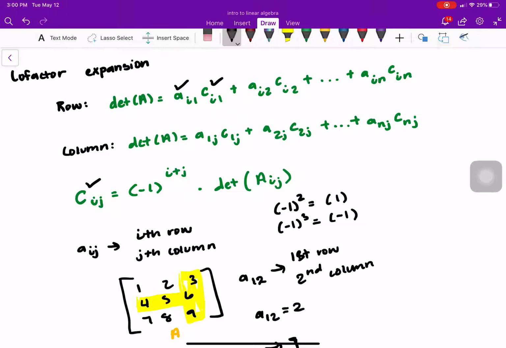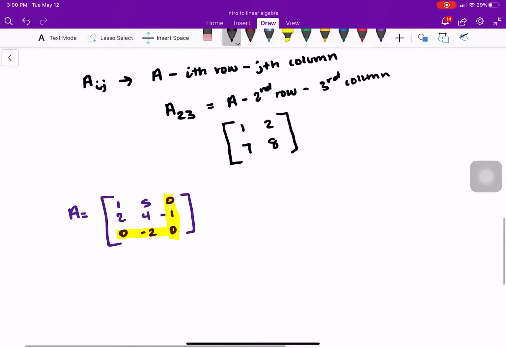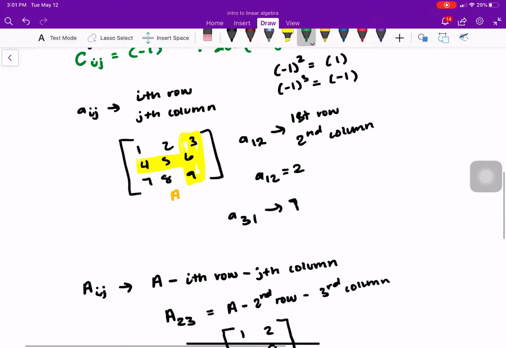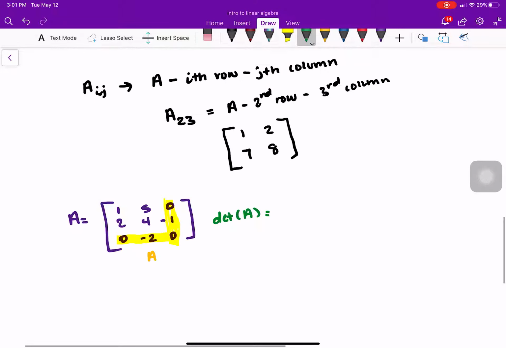Here's the formula. The cofactor expansion by column is, the determinant of A, and let's say that this matrix is matrix A, is A1j C1j plus A2j C2j plus dot dot dot plus Anj Cnj.